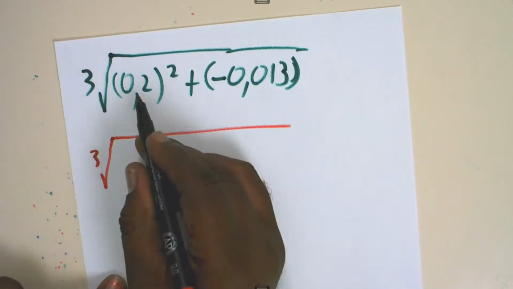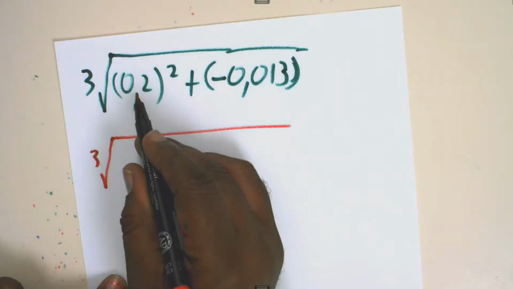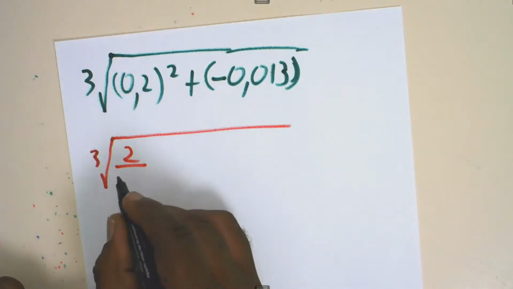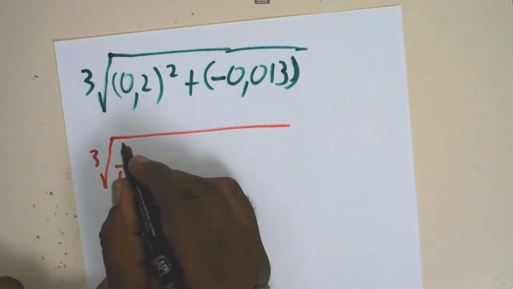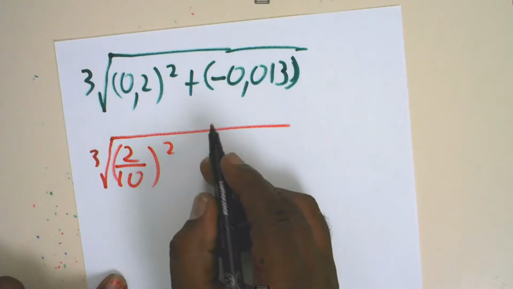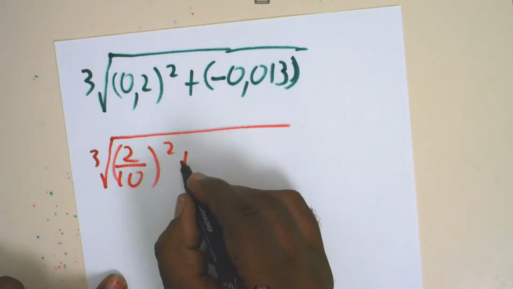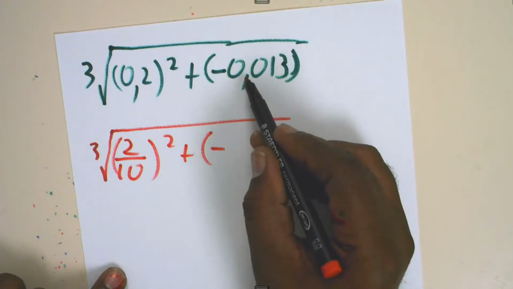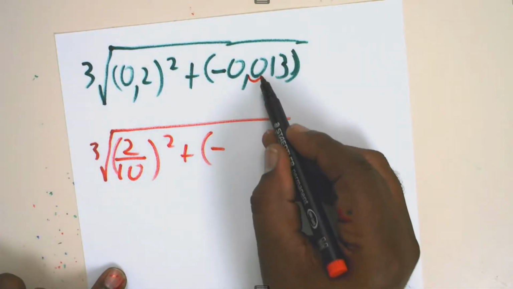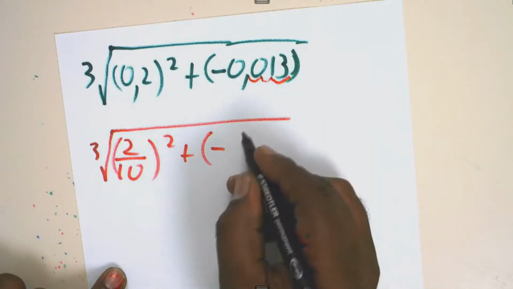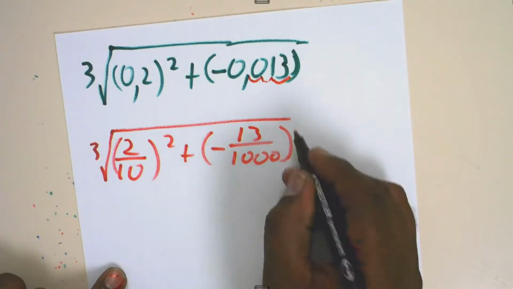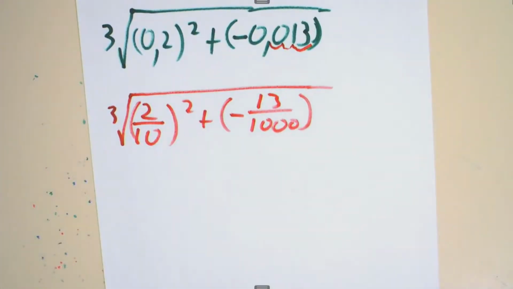We want to make this one a whole number, so we want to make it a 2. Yes, remove the decimal comma once, therefore we'll put 10. But remember it's squared. Plus, minus, how many times do we move our decimal comma? 1, 2, 3, therefore it's a 13, and we divide by 3 zeros because we move our decimal comma 3 times.